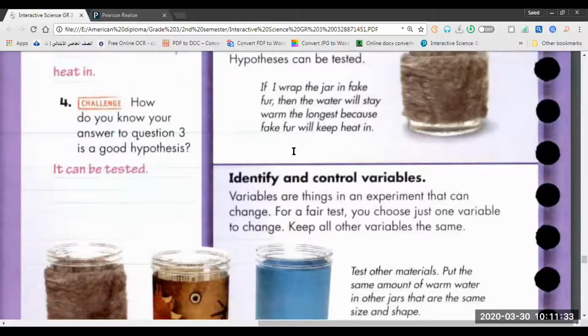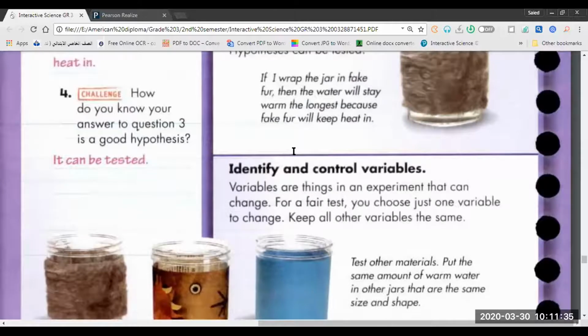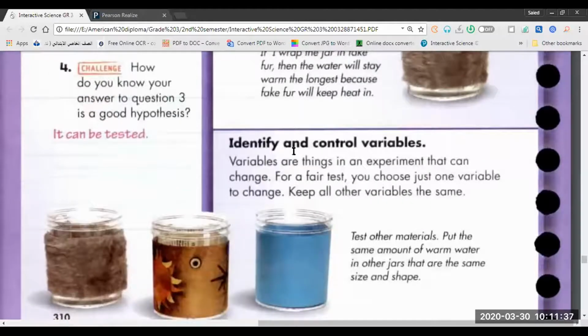So here we will do a fair test by using different jars, but they are the same in size and shape, and they are the same in the amount of water and its temperature.